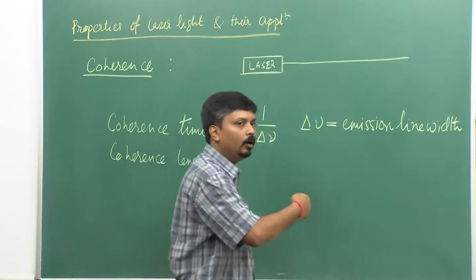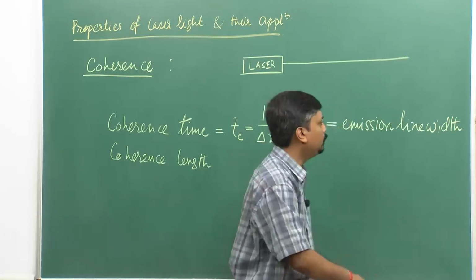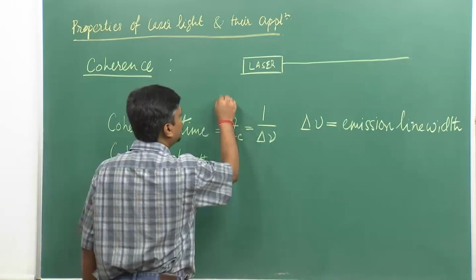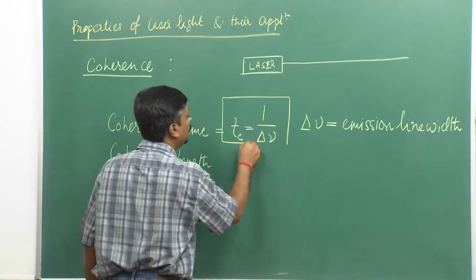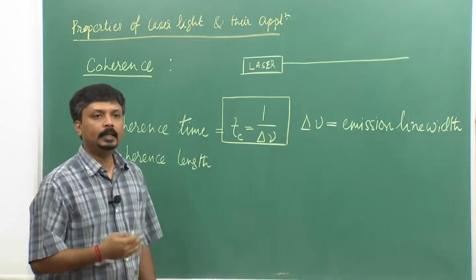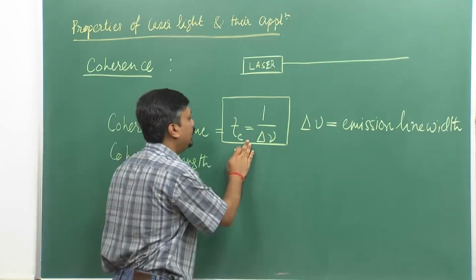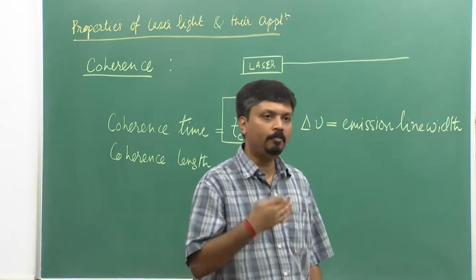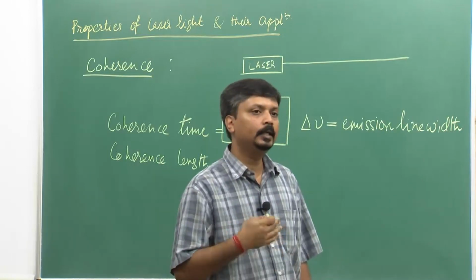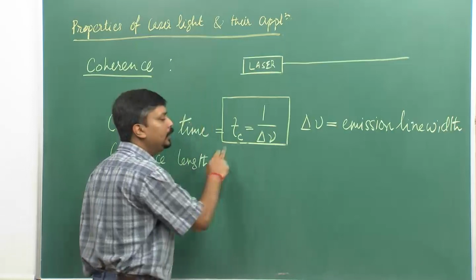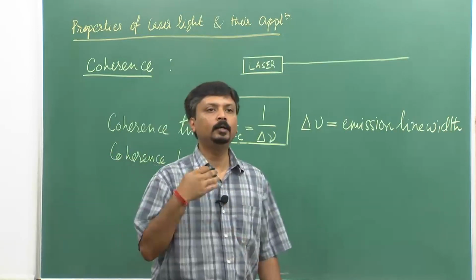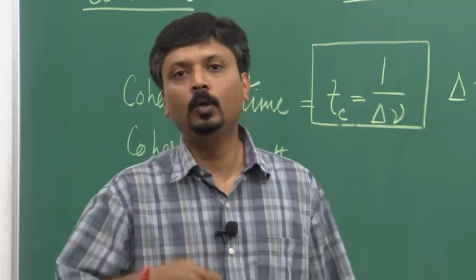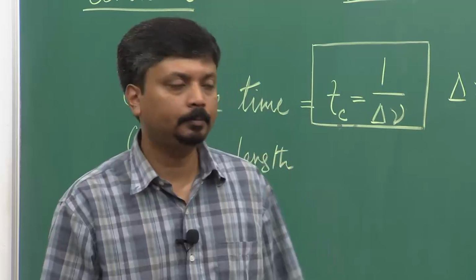So the spectra of that emission will be associated with a width which is known as line width. So this is the expression for coherence time. When I write this expression, that means that it will not be infinitely coherent. After a certain time period which is Tc, it will lose the coherence nature, and the photons will not be any longer correlated in terms of phase.